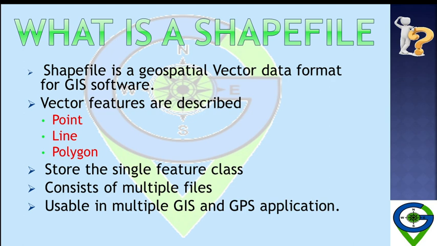There is a large number of GIS and GPS applications that can read in shapefiles, display them and create them, import and export them, which makes this a very versatile storage format.